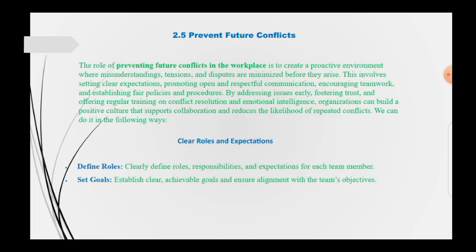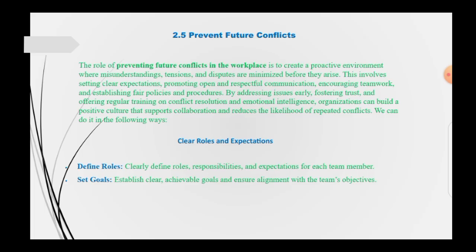The role of preventing future conflicts in the workplace is to create a proactive environment where misunderstandings, tensions, and disputes are minimized before they arise. This involves setting clear expectations, promoting open and respectful communication, encouraging teamwork, and establishing fair policies and procedures.